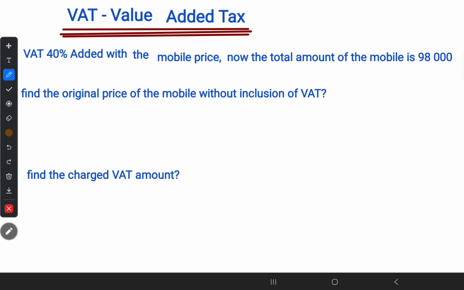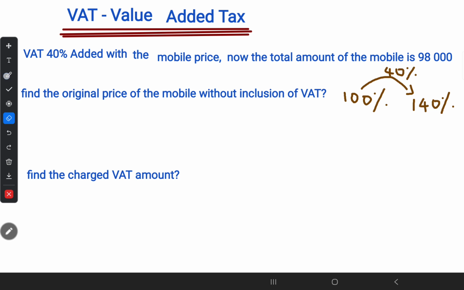When we think about the original price of the mobile as 100 percentage, with inclusion of 40 percentage of VAT, it will become 140 percentage.